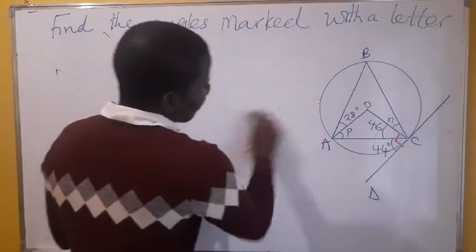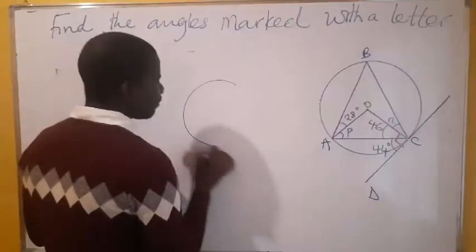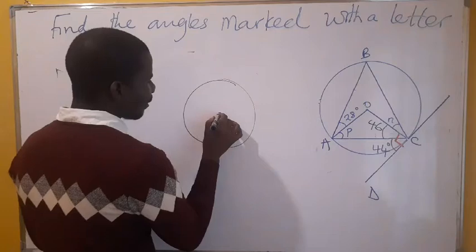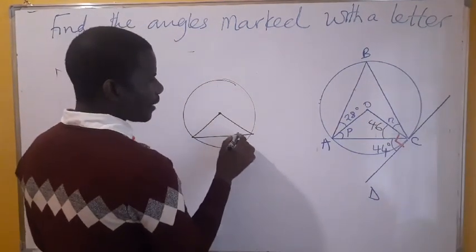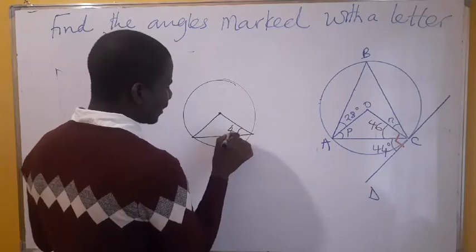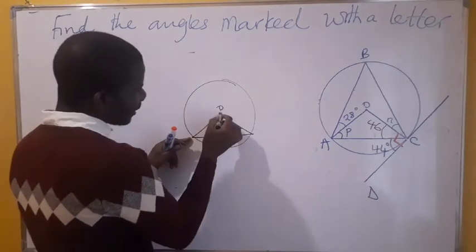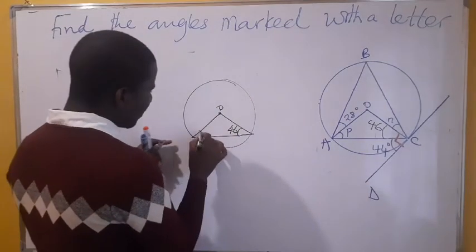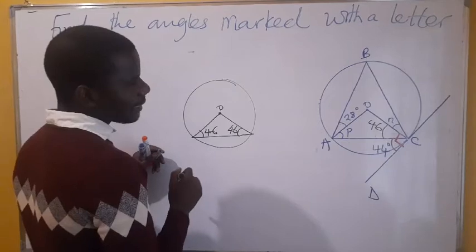Now, if you can remember the first concept that we looked at, this is the center of the circle. If we say this angle here is 46, this is the radius, which is the same distance as this one. So even this part is supposed to be 46. So what does that tell us?